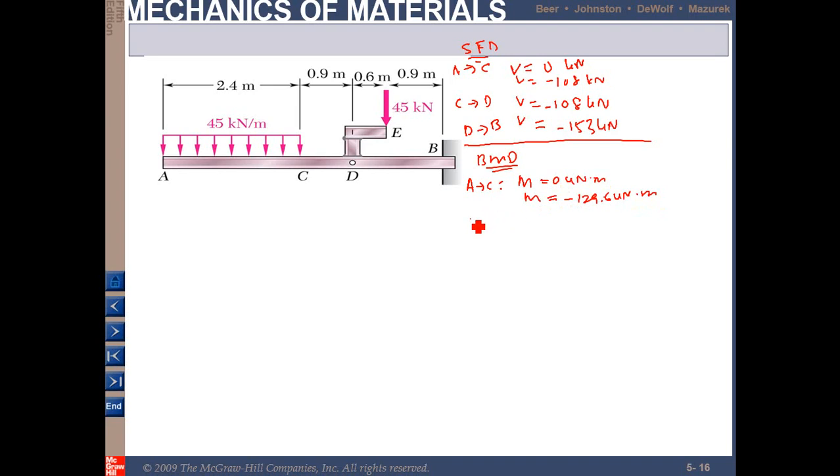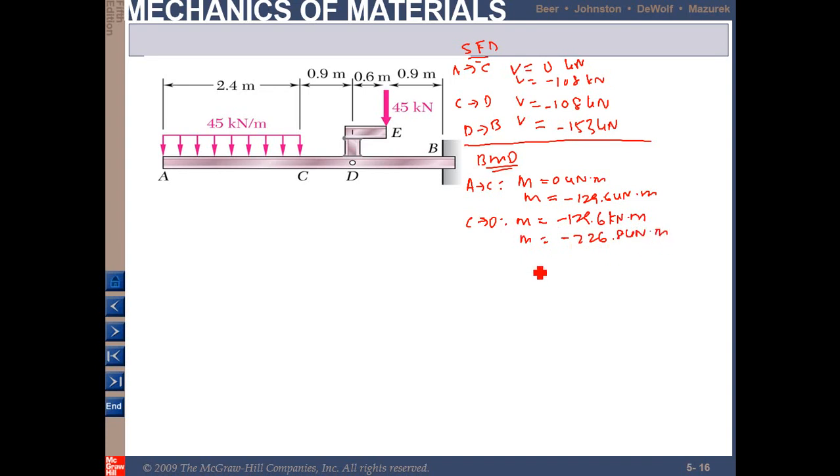And then from C to D, M is equal to minus 129.6 kilonewton meter, and then you also have minus 226.8 kilonewton meter.